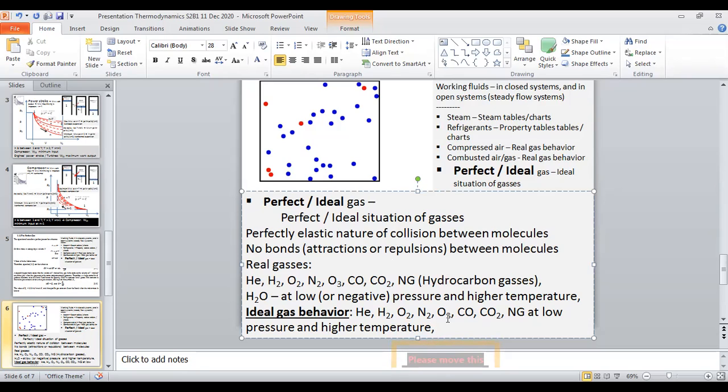Petrol is also a hydrocarbon. You can Google the hydrocarbon name of petrol, you will find it is pentane. So ethane, propane, butane, until butane is okay. Pentane at normal pressure and temperature, you can keep in liquid form as long as you keep the lid closed.